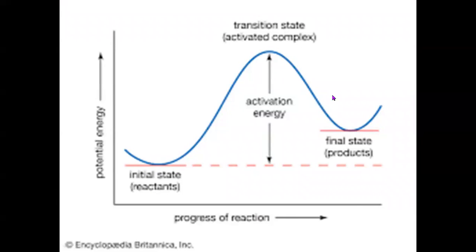Only those transition species which possess this much energy, called the activation energy, will cross over. This is compulsory. Otherwise, backward reaction will take place and the rate of backward reaction will be higher.